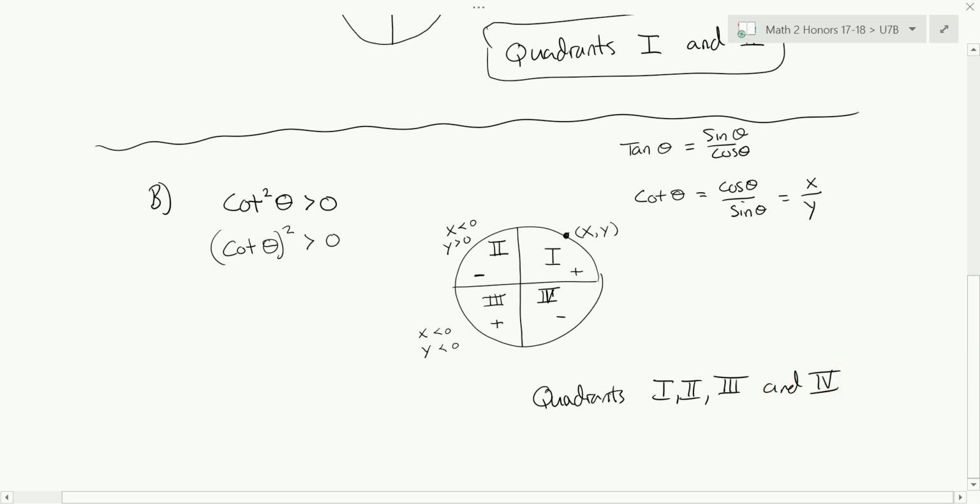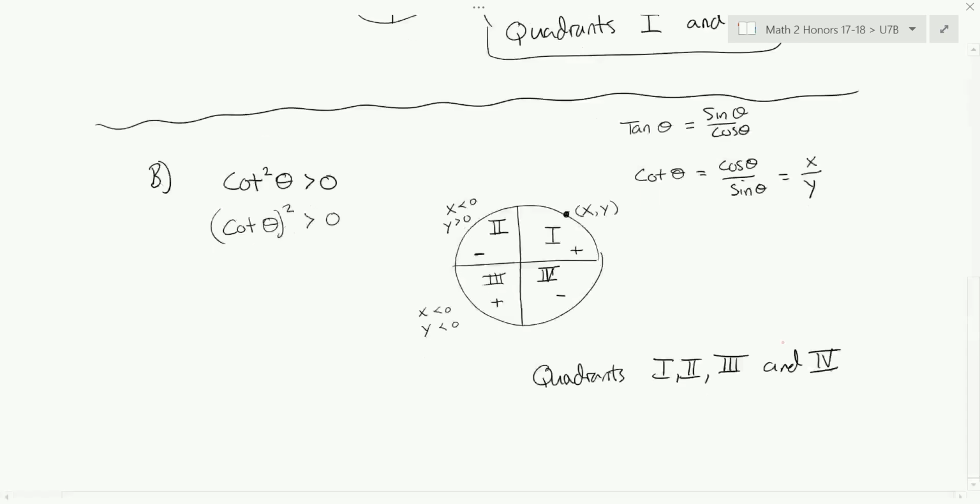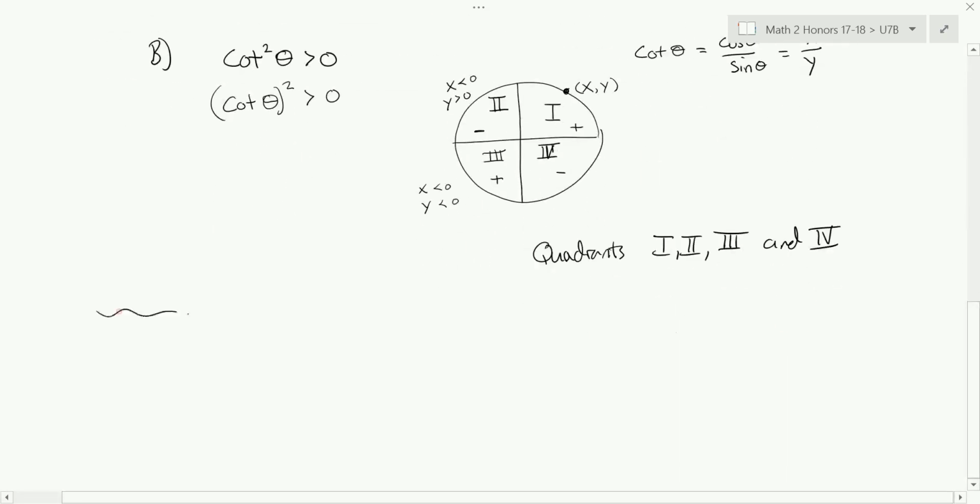You're going to have to think about these quadrants when you're actually solving, because there may be more than one answer. Now let's look at a problem where we're actually solving a trig function, solving for theta.